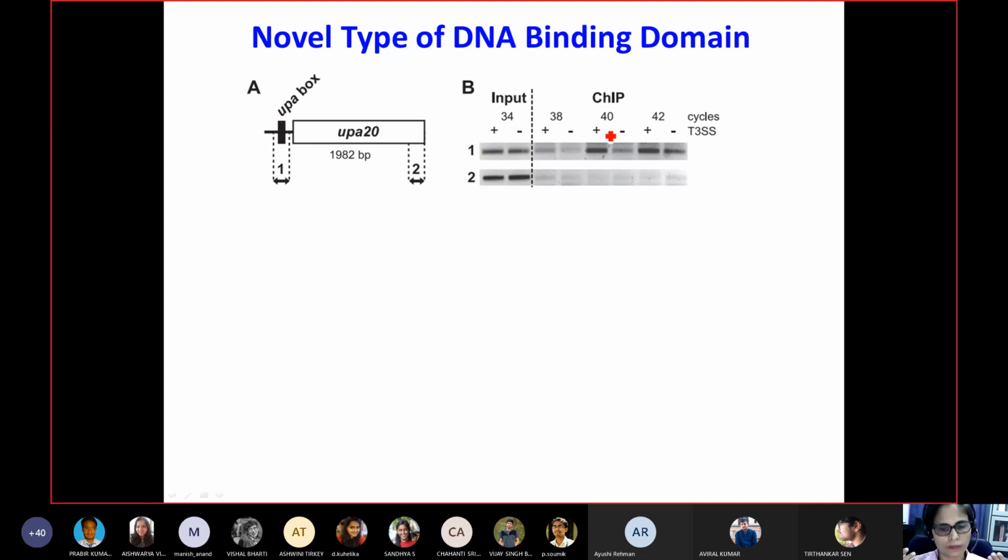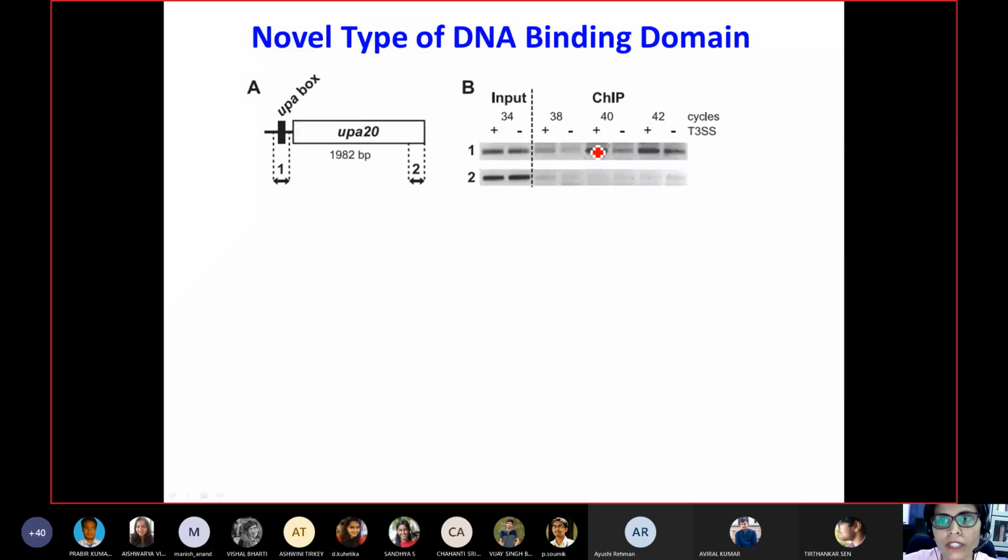Now the objective for them was to check whether these are really direct targets or indirect. So for direct targets, we have also seen previously that some kind of EMSA was used, right?